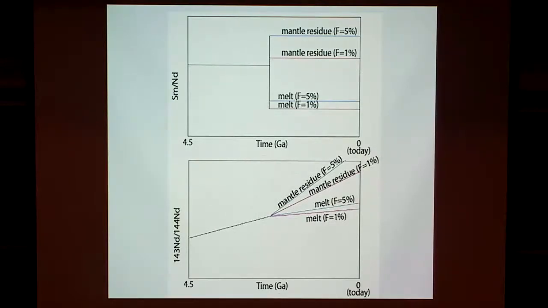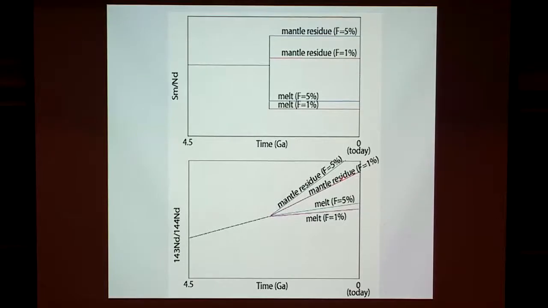So remember, the neodymium isotope ratio doesn't change between the residue and the melt on day one. So the neodymium isotope ratio that you measure in that morb should be identical to the neodymium isotope ratio in the residue, which is fortunate because we're probably never going to drill a hole that deep, at least not in my lifetime. That's right, a good point.